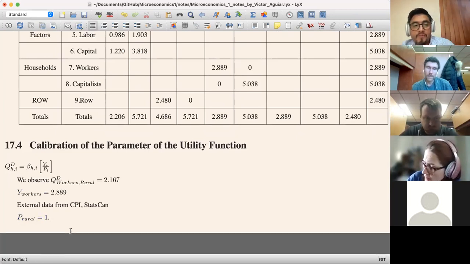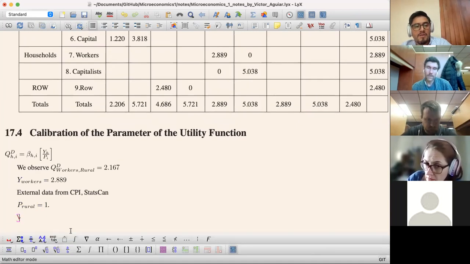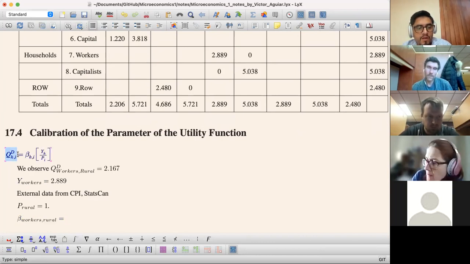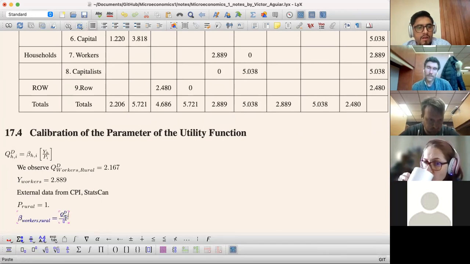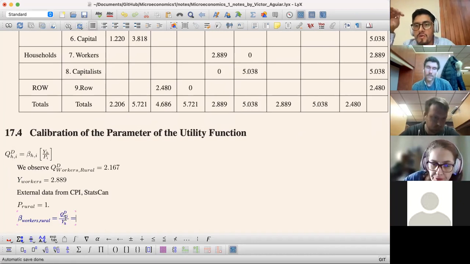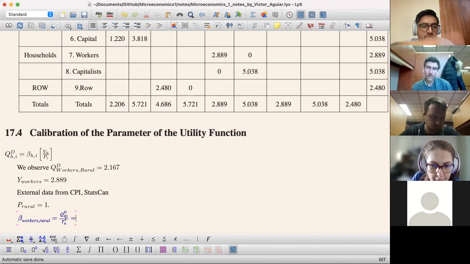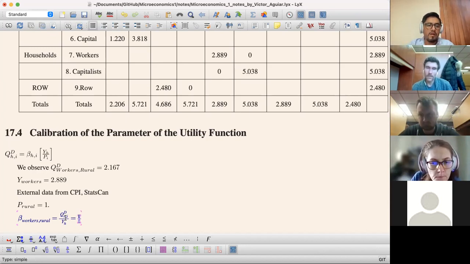So in this case, it is 1. Now, how do you find the beta of workers of rural goods? Well, you just divide, right? So this is going to be equal to Q divided by YH. Remember, P_i is 1, so I'm just removing it from the equation. So this is the division between these two things, right? And then someone can compute it using a calculator.